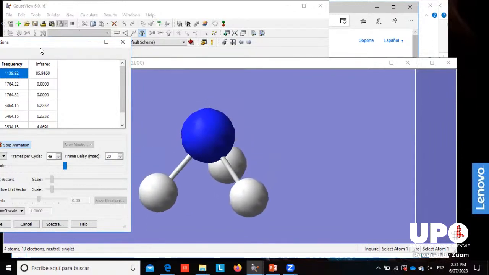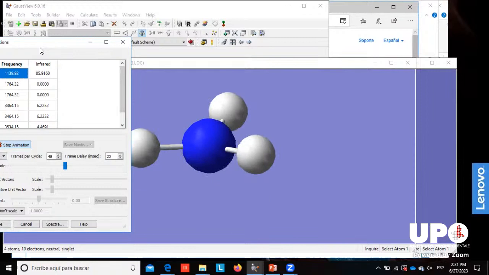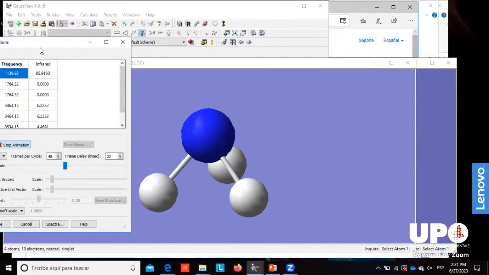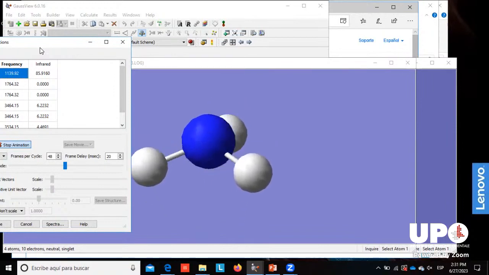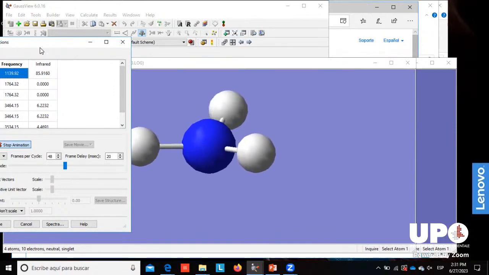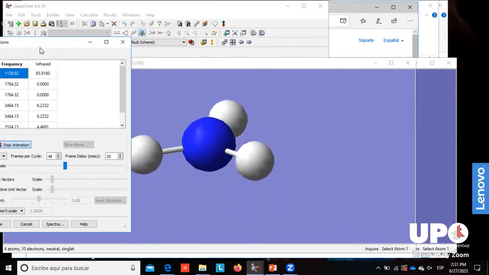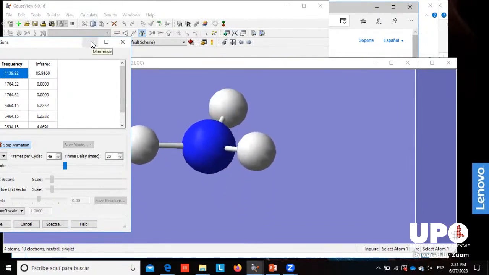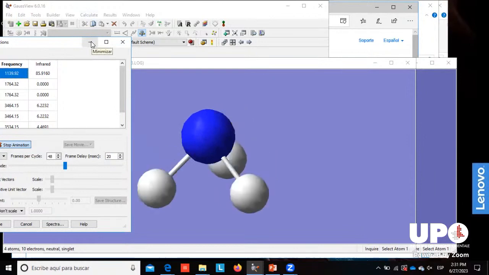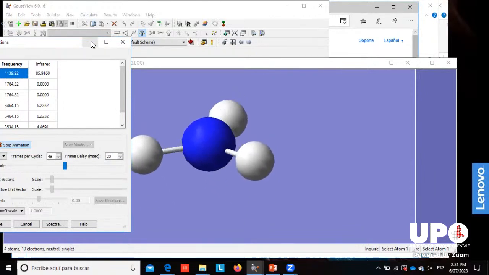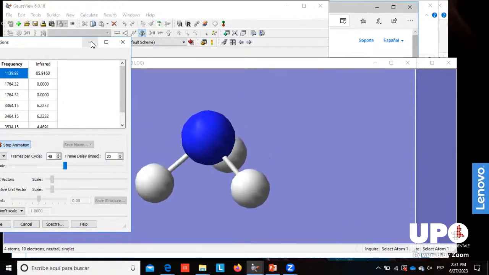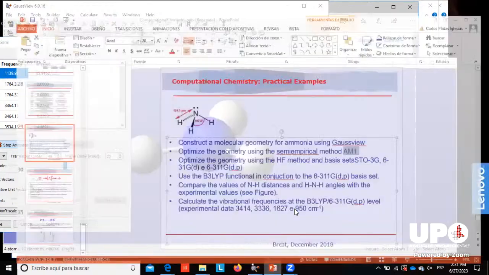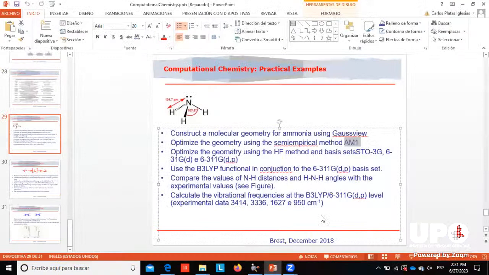And this is 1133 or 1140. And actually, I don't know how this vibration is called. Anyway, it's an inversion, right? Of the ammonia molecule.